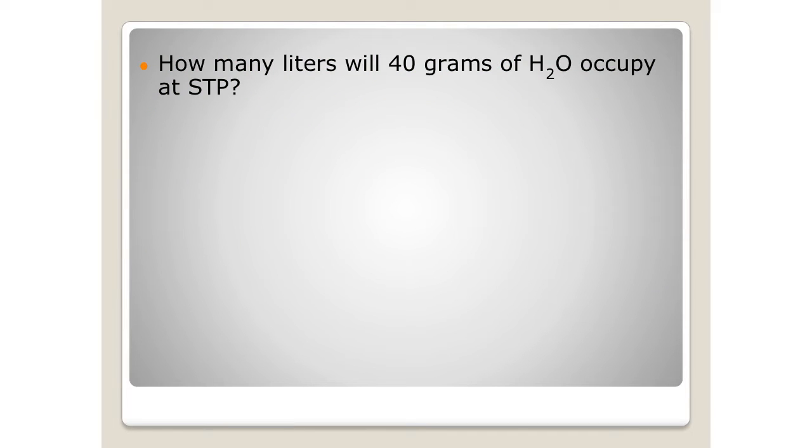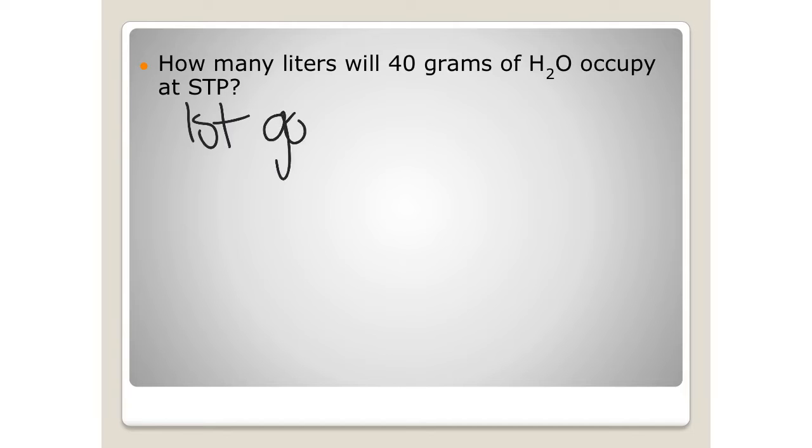But a lot of times in the lab, we're usually doing some type of reaction. And so we need to know how to go between not just moles and volume, but also mass and volume. And we know how to convert between mass and moles. So if we want to go between mass and liters, we're always going to first convert to moles.